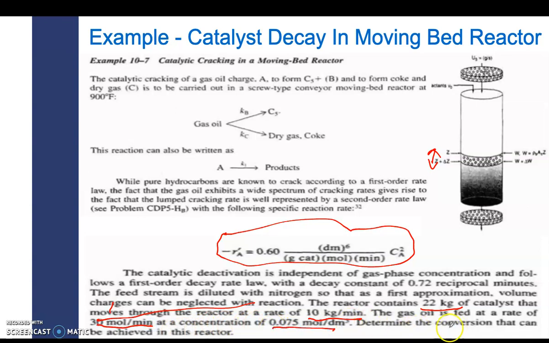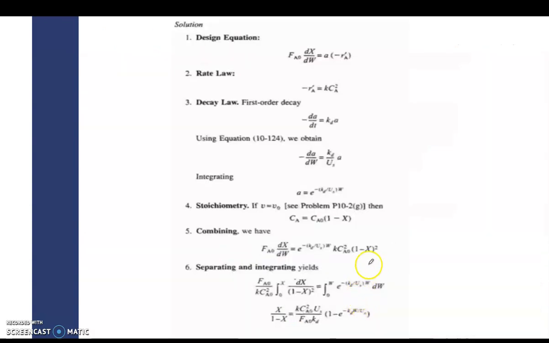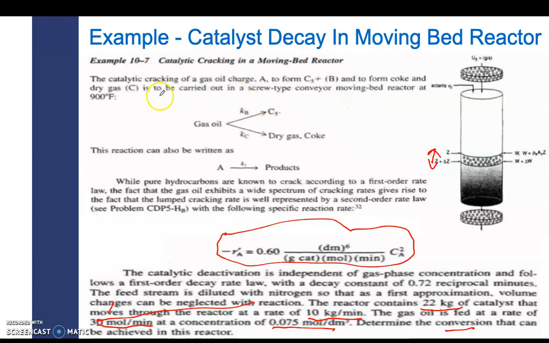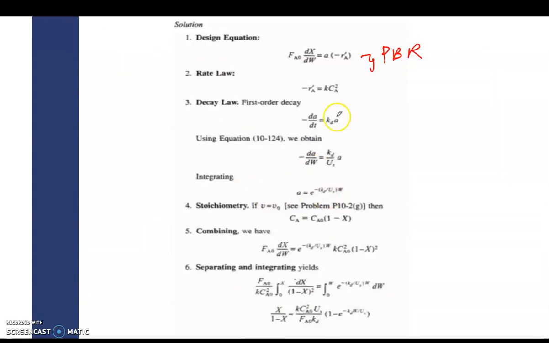You want to find the conversion, so you go to this part. It is like a PBR equation, right? The rate law is actually second order. Although it looks like first order, somewhere in the text it says that it is second order, so read carefully. It's second order, but the decay law is a first order decay law.